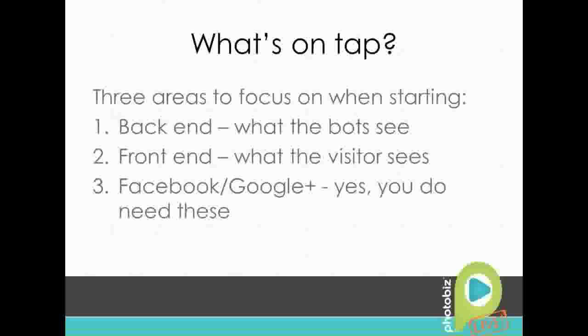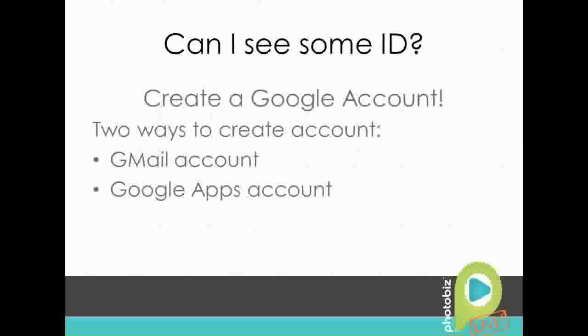That's what you and your visitors interact with. And then we're going to touch briefly on Facebook and Google+. Even if you're not thrilled about having to join social networking, you really do need to at least set up the pages.